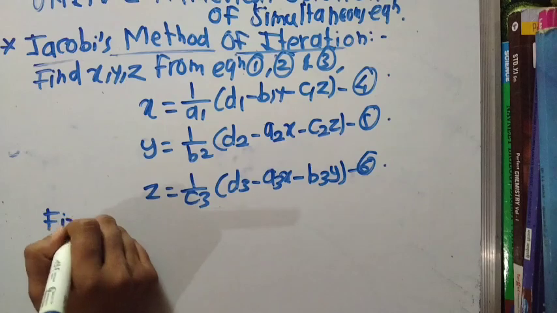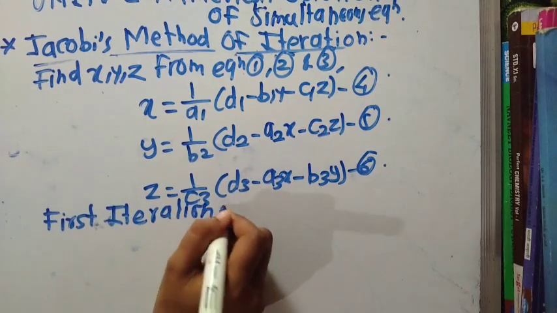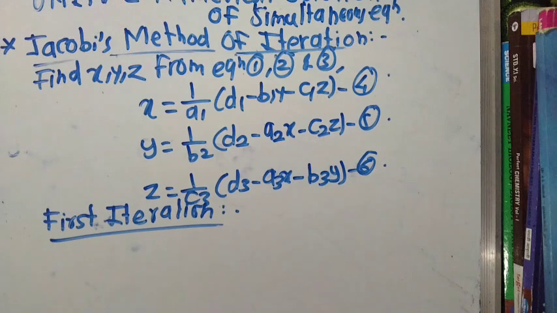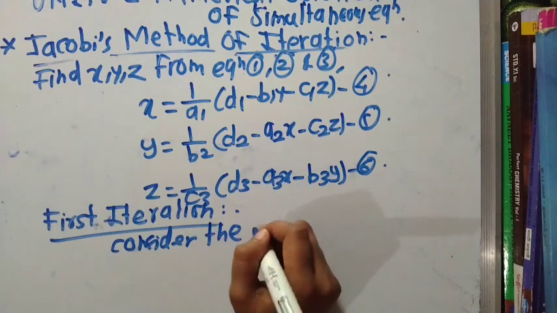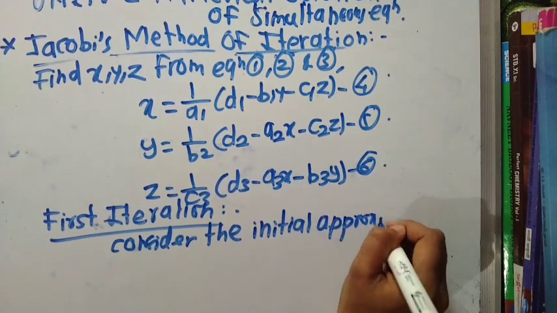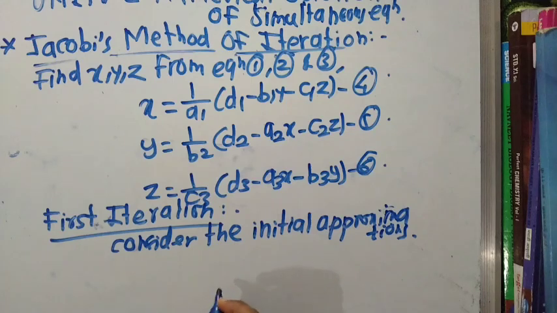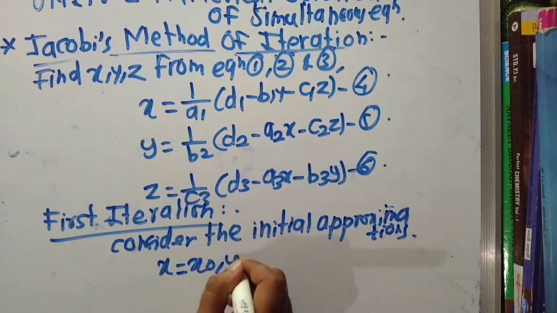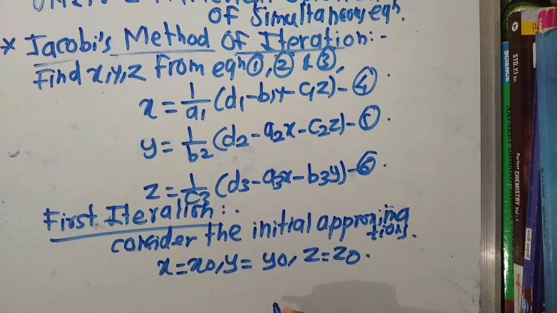Then find out the first iteration. Consider the initial approximation x is equal to x0, y is equal to y0, and z is equal to z0, meaning find out x1, y1 and z1.